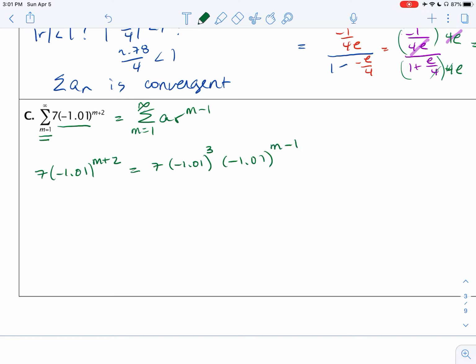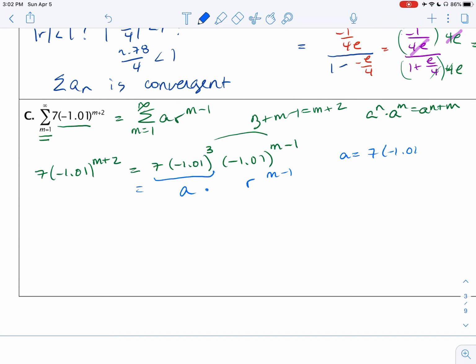Because if we were to add these together, 3 plus m minus 1 is going to be m plus 2, right? And we are using a to the n times a to the m does equal a to the n plus m. So this is going to be equal to my a, and this is going to be equal to my r. So a here is 7 times minus 1.01 cubed, and r here is minus 1.01.